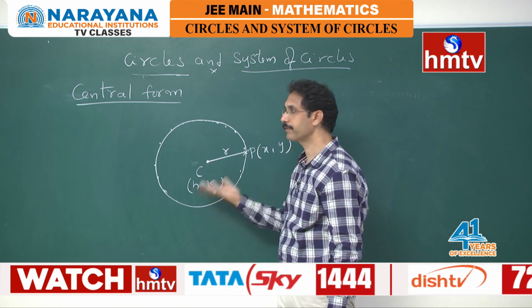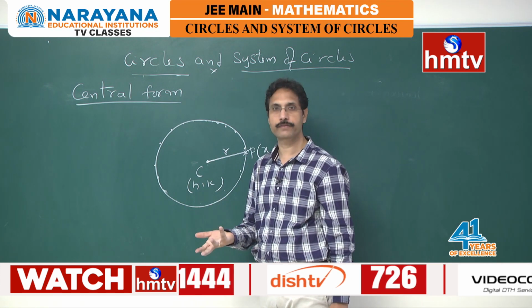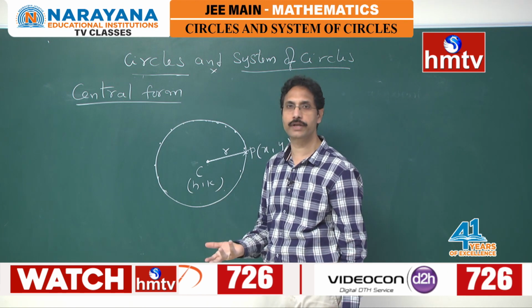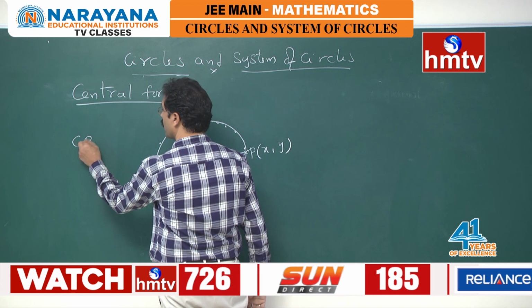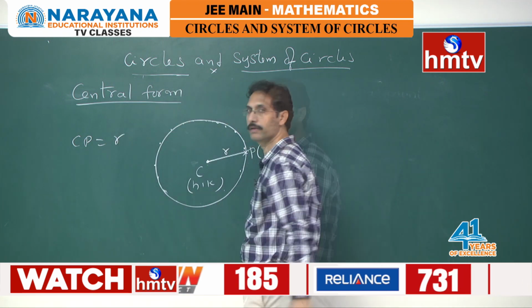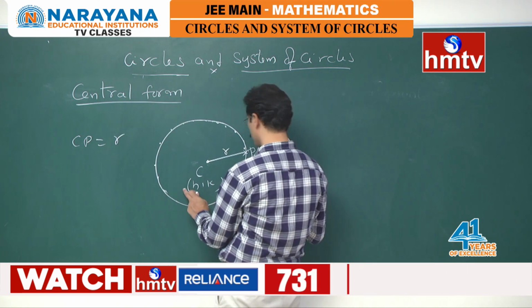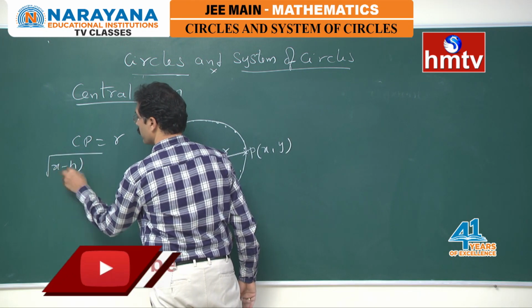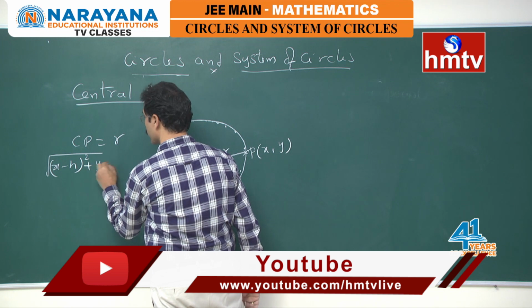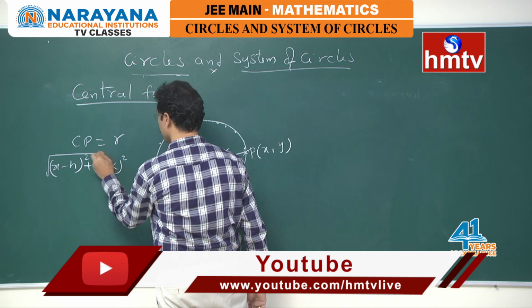Simply put, a circle is a set of points which are at a constant distance from a fixed point. So I use CP = r to find the equation of the circle, where CP means the distance between these two points. So, √((x - h)² + (y - k)²) = r.